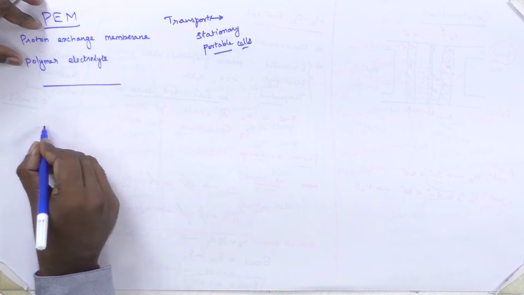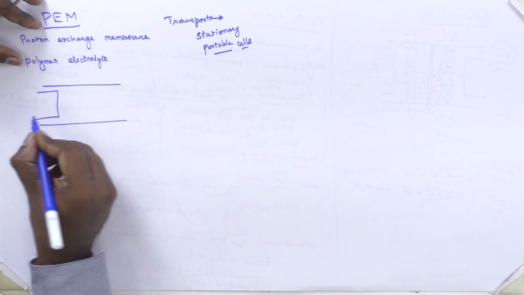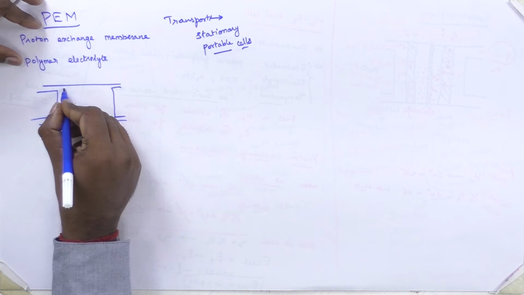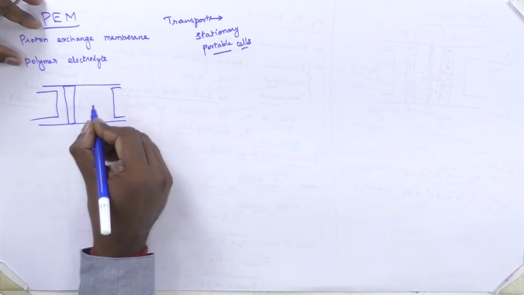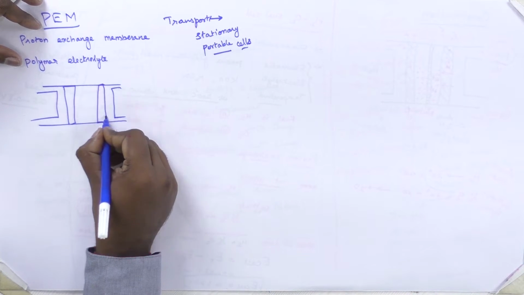We know the construction of hydrogen and oxygen fuel cells, so again we may recall that. This is the anode compartment and this is the cathode compartment.